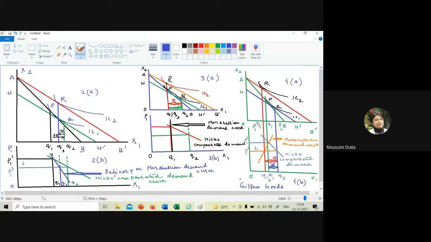But the opposite income effect does not totally offset the substitution effect, so that the total effect results in an increase in demand for X1.